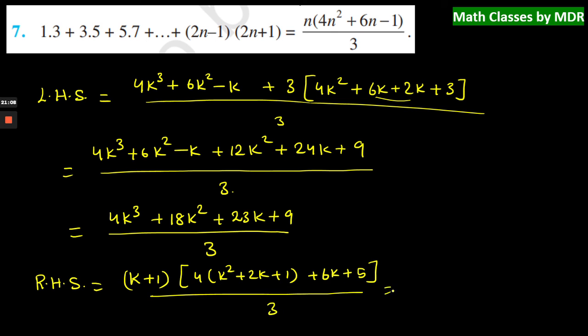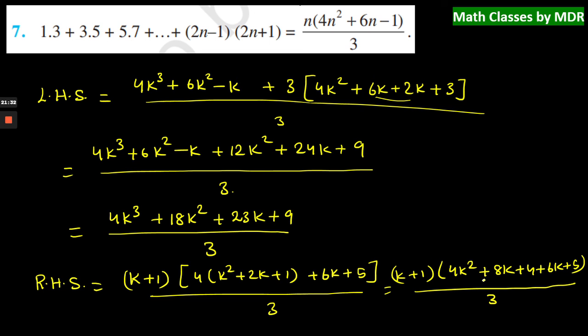So now we can take this as k plus 1 into, right, 4k square plus 8k plus 1, right? I will take it as 4k square plus 8k. Okay, let me write one more step, no problem. Plus 6k plus 5 whole divided by 3, right? So now we can see that this 8k plus 6k is 14k, right?